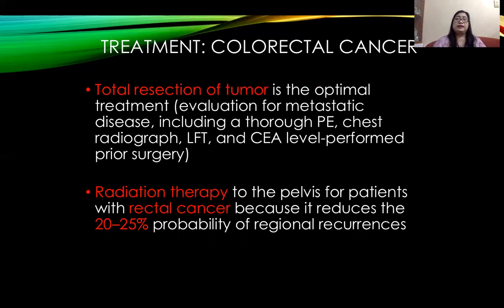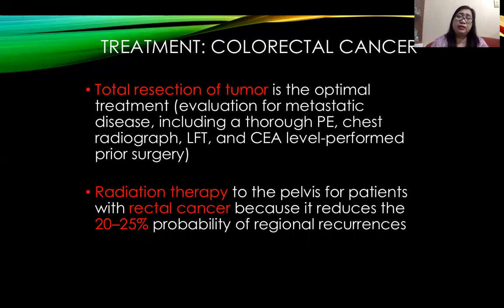Evaluation for metastatic disease, including a thorough physical examination, your chest x-ray, your liver function test, and your CEA level, is performed prior to your surgery. So you have to get these laboratory examinations or blood chemistries prior to the surgery.